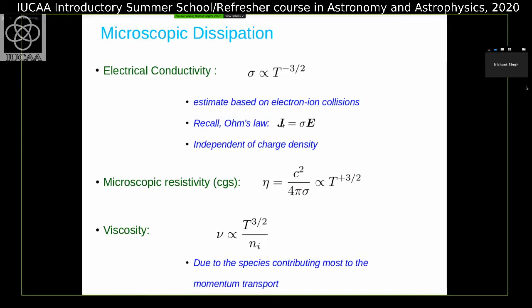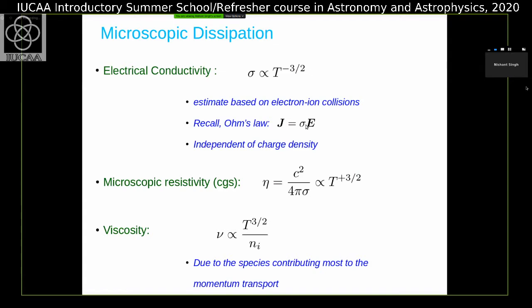You equate mv squared to kBT, that's where the temperature comes in, and you determine the mean free time for electrons. You determine the terminal velocity for the electron. That basically gives you the J, isn't it? J is equal to number density times the charge times the velocity, ne v.